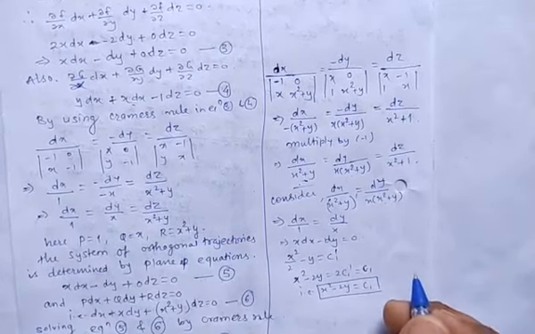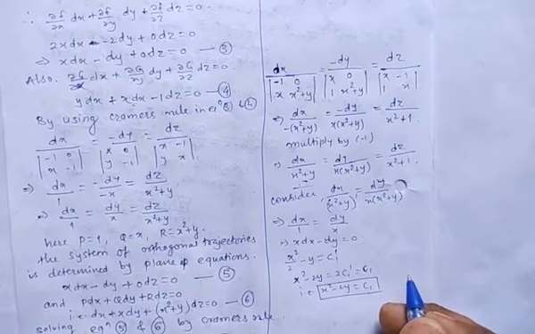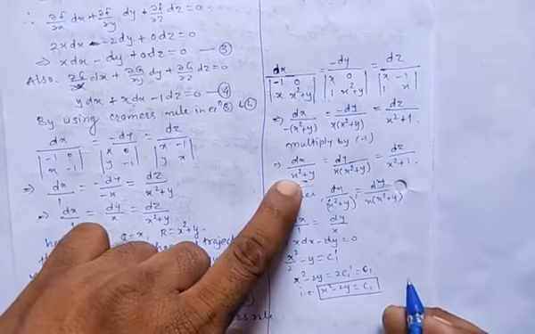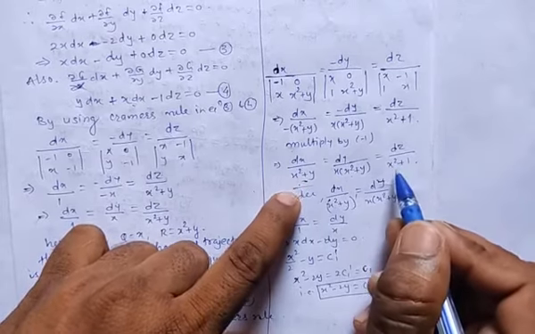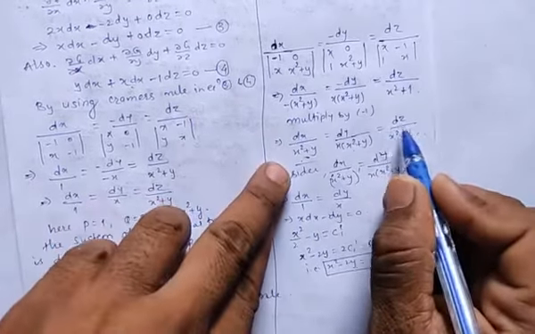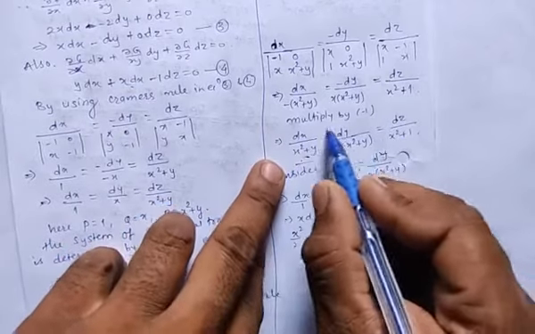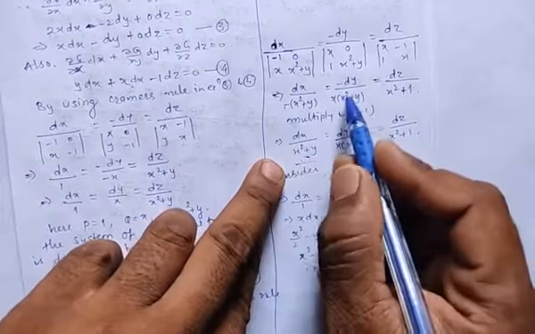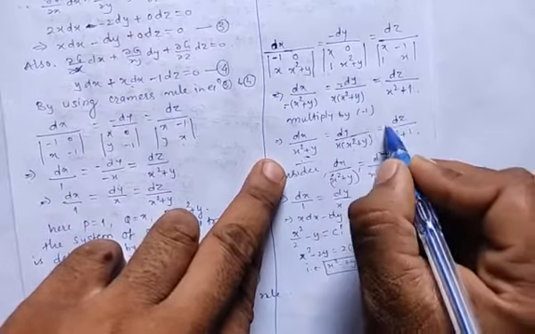Now I will consider the first and last ratio. Then what will happen? So here there is a mistake. After multiplying on the minus side, the minus sign gets cancelled here, and here is the minus sign.